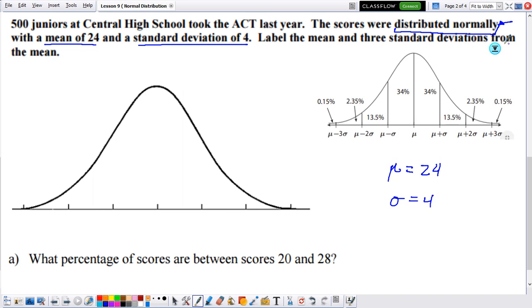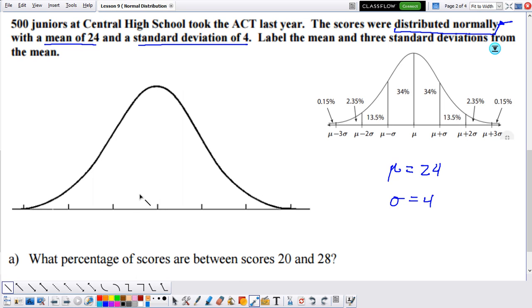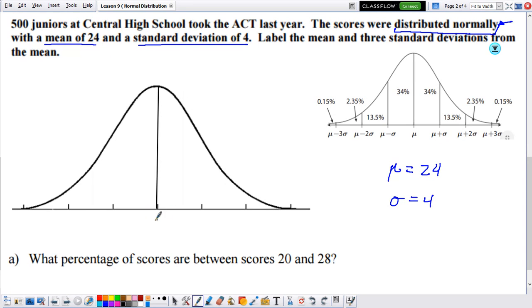Now, if we want to label the graph first, your mean, which we know is 24, it's always going to be right here in the middle. So this is telling you that the value underneath this is 24, because the mean always goes in the middle.